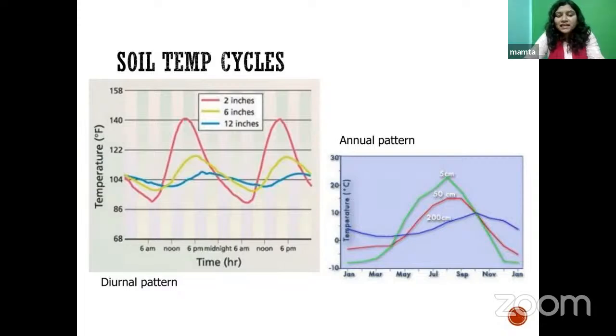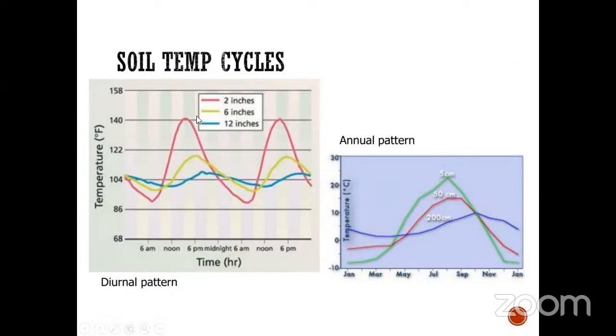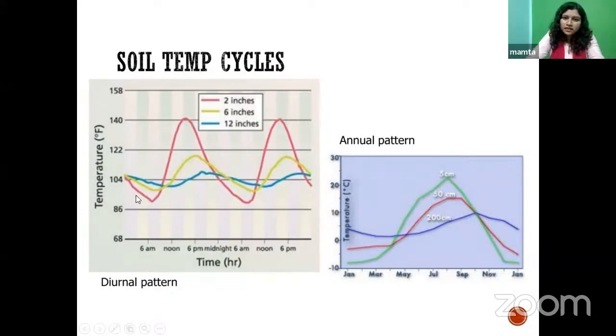I don't remember the question exactly now, but a question was asked based on this concept, that the maximum temperature will be in 0 to 15 centimeter or 15 to 30 centimeter. So obviously at the surface soil there will be the maximum temperature and there will be the minimum temperature also.